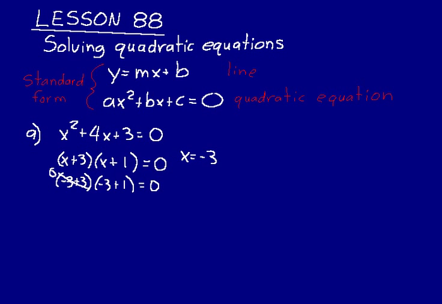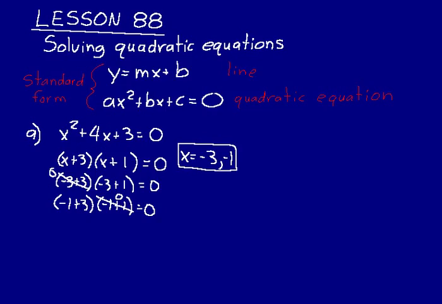And then the other one would be negative 1, because if we had negative 1 plus 3, and then negative 1 plus 1, this would equal 0, and we'd have 0 times a 2, which equals 0. So x equals negative 3 and negative 1. Those are the roots, or sometimes they're also called zeros. They're the values that make that equation equal to 0.